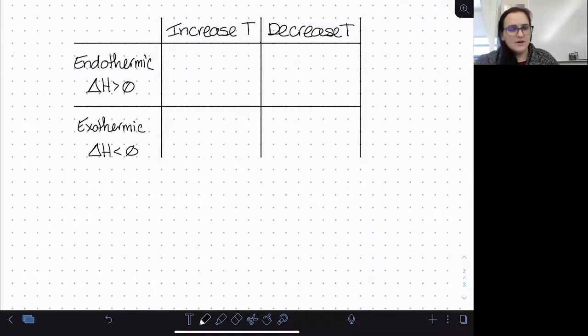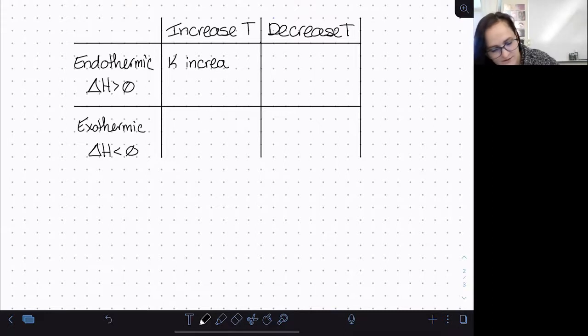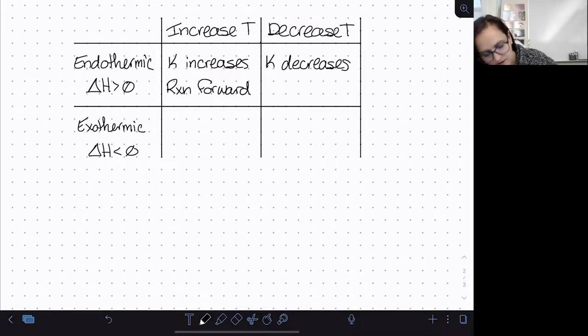So in summary, for an endothermic process, when you increase the temperature, the value of K increases and the reaction runs in the forward direction. When you decrease the temperature, the value of K decreases and the reaction runs in the reverse direction.